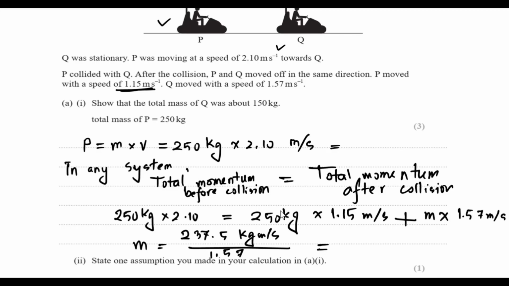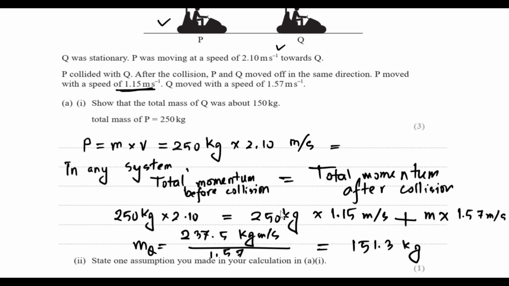So 151.3 kg is the mass of the Q bumper car. Q bumper car is 151.3.